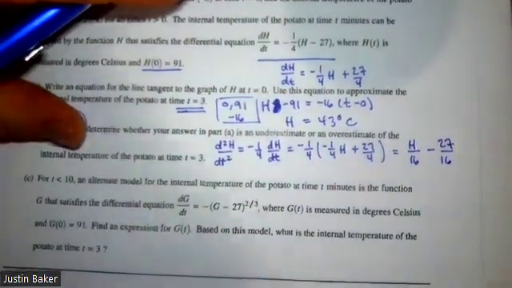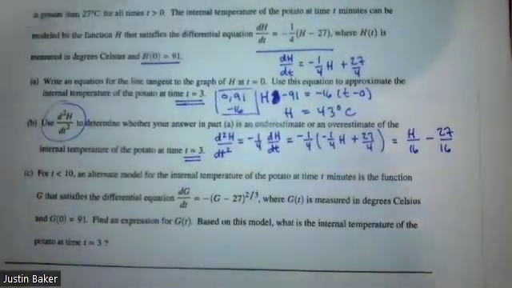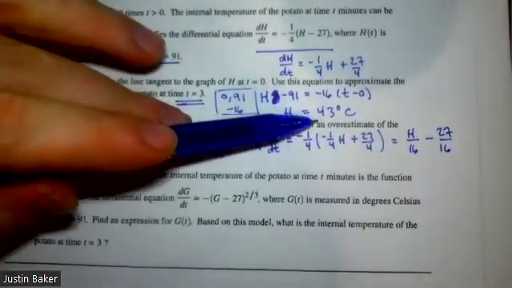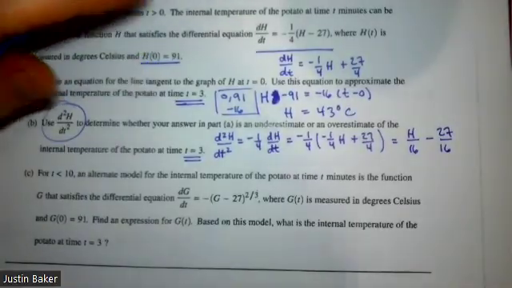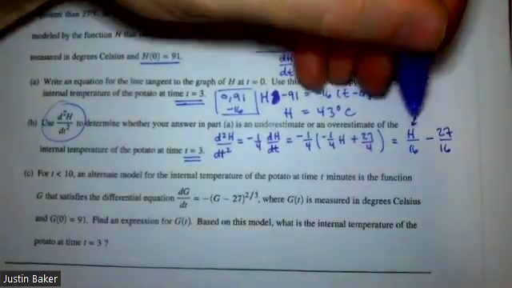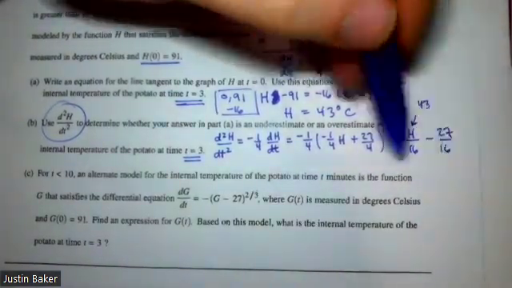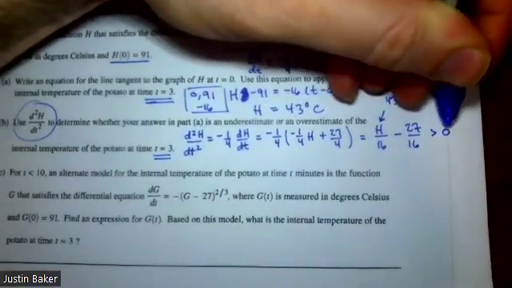Then it says, is this an over or an underestimate at t equals 3? What do we know about t equals 3? We found in part A that the temperature would be 43. So if I put a 43 in for H, 43 minus 27 is going to be a positive answer.